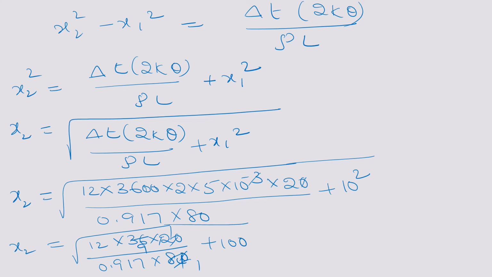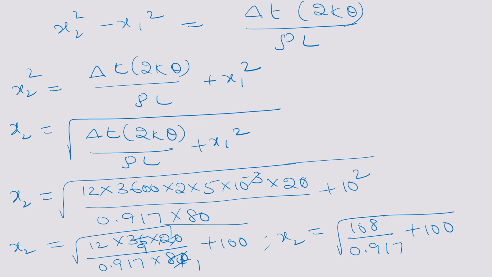So now x2 is equal to square root of 108, 12 nines are 108, 108 by 0.917 plus 100. This is x2.